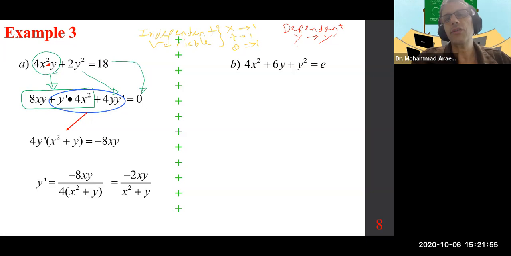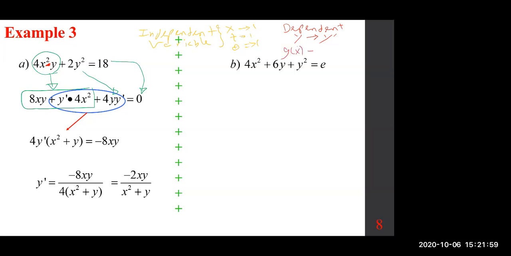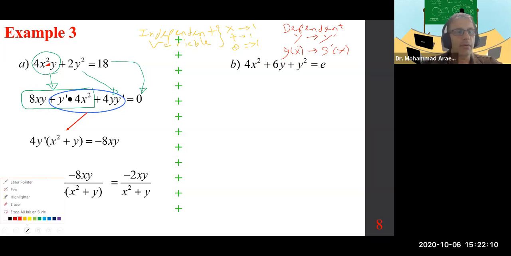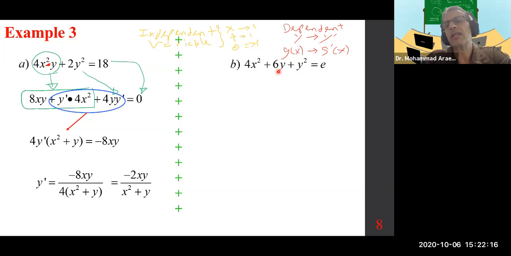What is the derivative of g of x? G prime of x. It's important to see y is the same as g of x. Therefore, going back to the question again, we know the derivative of 4x squared is 8x. It's not a big deal. What about 6y? It's 6y prime.